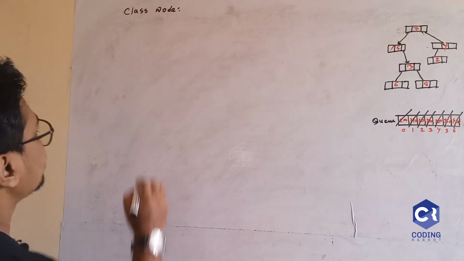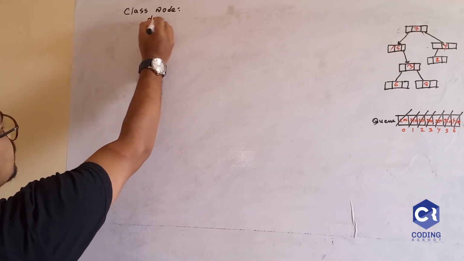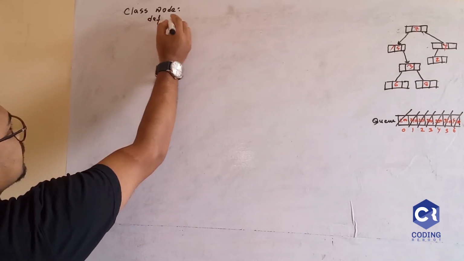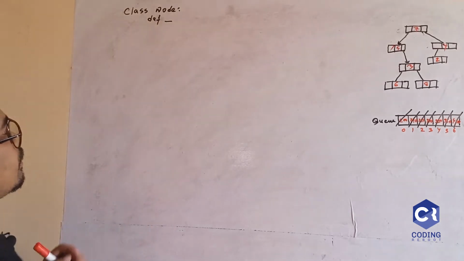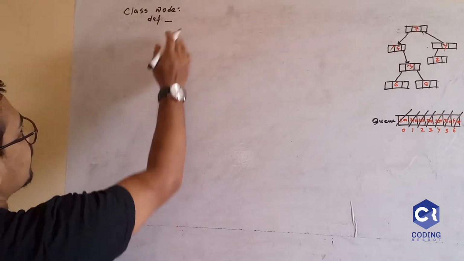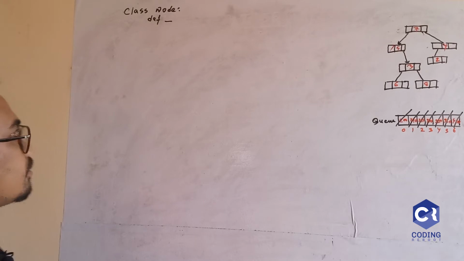And we will have a constructor, def. Here it will be double underscore for init, but I'm here using only one underscore.